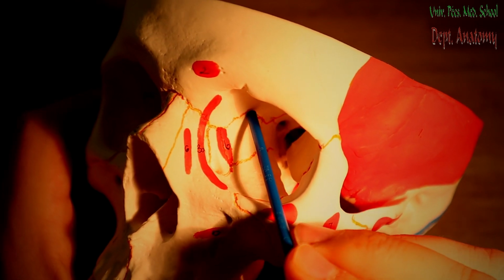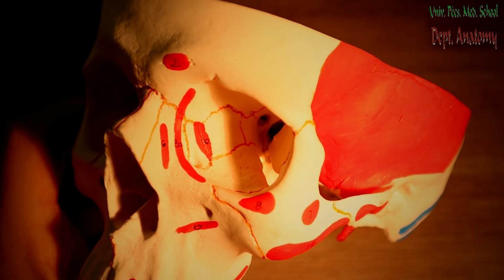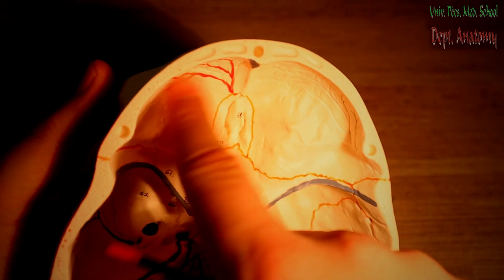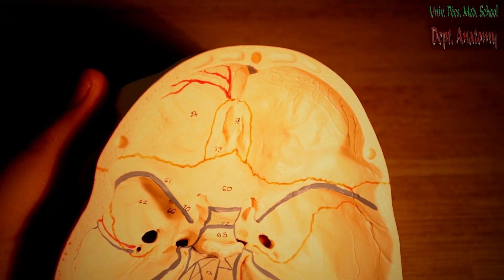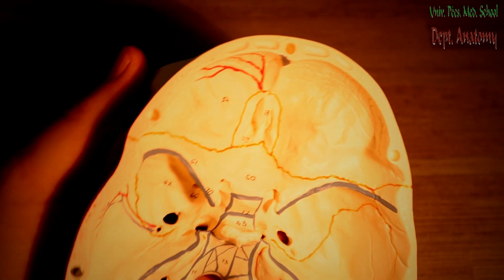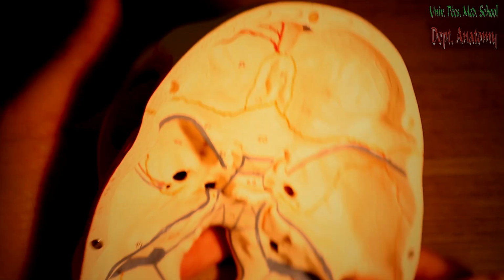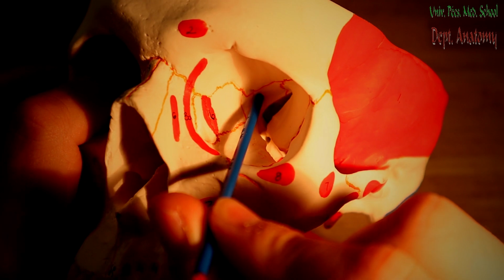The anterior ethmoidal foramen is a connection between the orbit and through the cribriform plate with the anterior cranial fossa. The posterior ethmoidal foramen is a connection between the posterior ethmoidal air cells and the orbit.